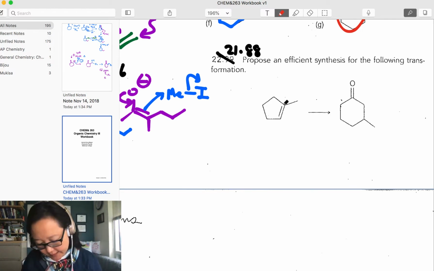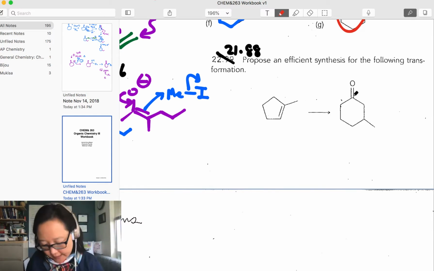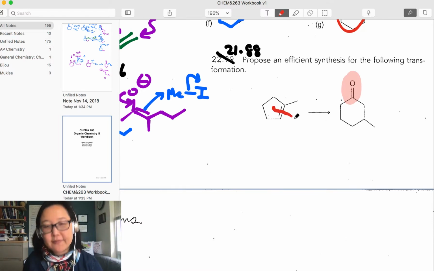But this kind of problem makes me think that we need to open it up and then close it up again, but close it in a different way. Part of why I know that is because this carbonyl group looks like it comes from some kind of oxidative cleavage here. So if we do oxidative cleavage, we'll get carbonyl groups here.